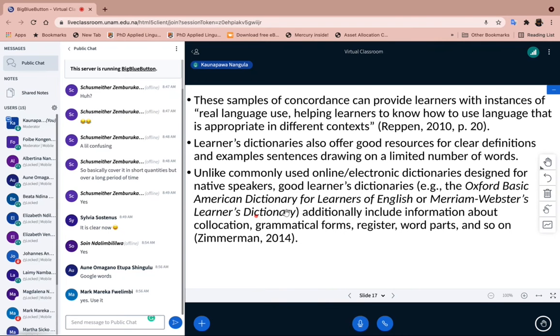Even the simplicity of sentences is so much better with the learner's dictionary. You can encourage your learners to use the online dictionaries meant for learners. There they can get information about collocation, grammar, grammatical forms, register, parts of words, and so forth. That is really meant for language learners.